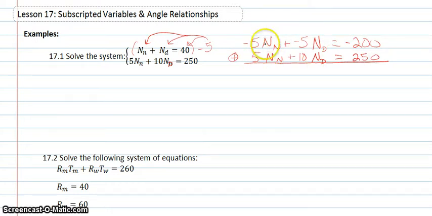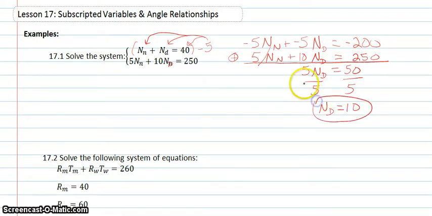When I combine these, that gives me a 0, so they cancel out, and then I'll have 5 n sub d equals 50, and I'll divide both sides by 5. So n sub d equals 10. Now that we know what n sub d equals, we can put that back into one of the equations to find out what n sub n equals.